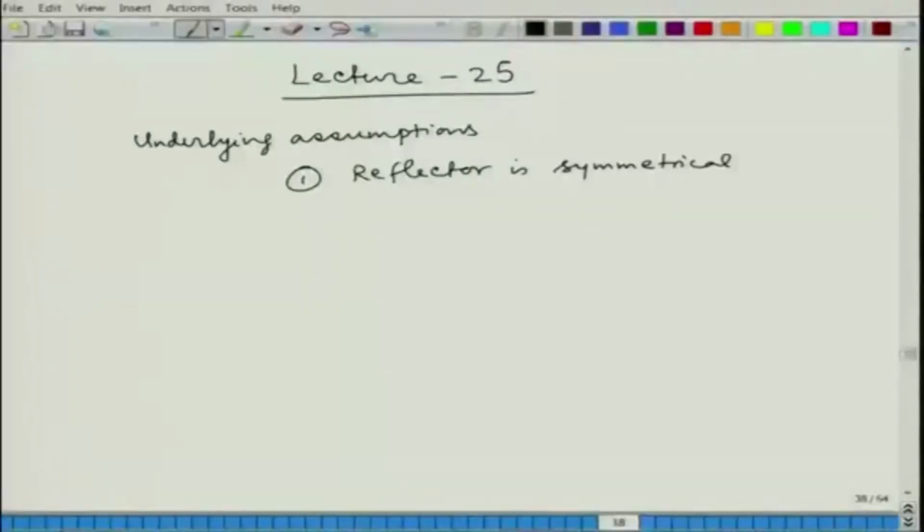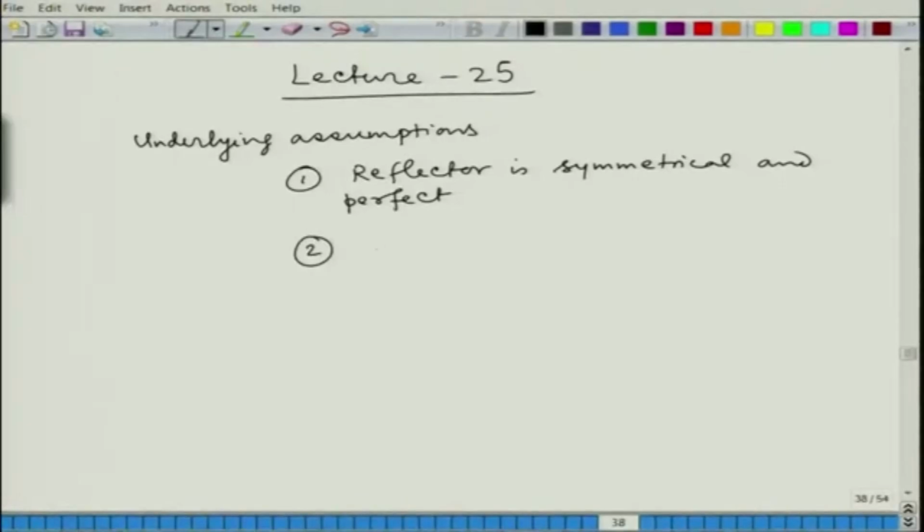If it is symmetric, and we analyze half of it, it will be just the mirror image of the other half. And we also assume that it is a perfect reflector. In real life, your reflector will have some surface defects and it will not be exactly parabolic, and that is how you will have some defects in the image as well. But here we are assuming it is a perfect reflector.